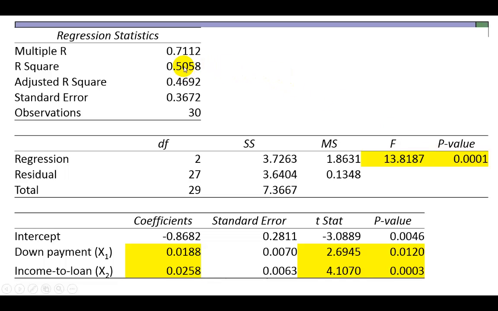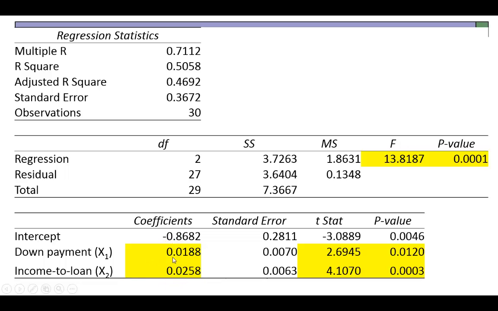About 50% of the variation in the loan approval process is accounted for by the regression on down payments and income to loan ratio. Now we can also see that the likelihood that a loan would be approved is indeed a positive function of down payment and income to loan ratio because these coefficients are positive.